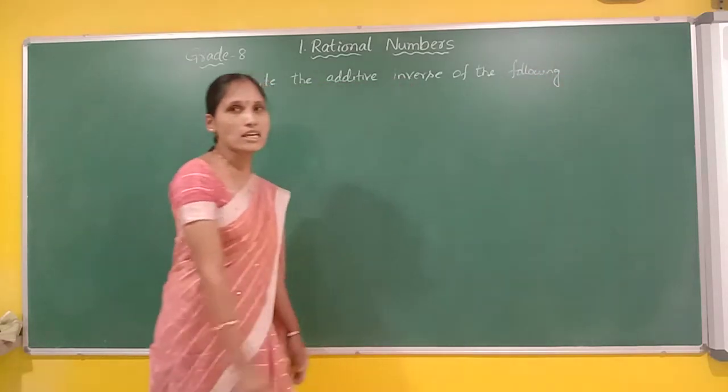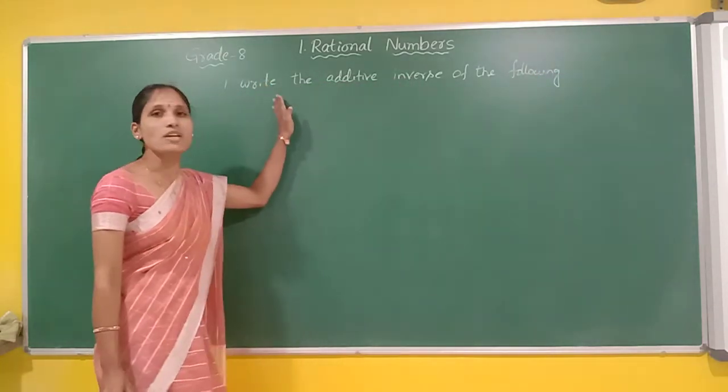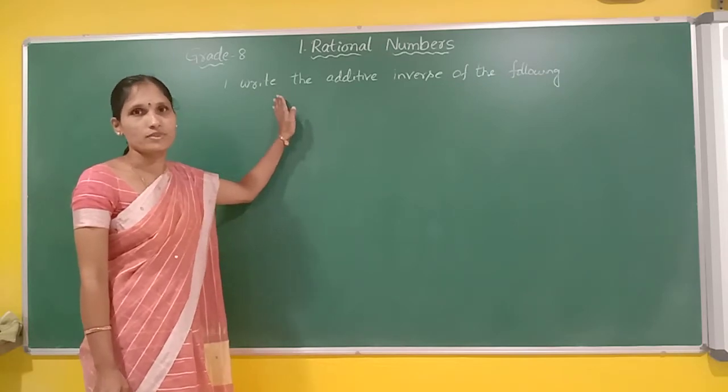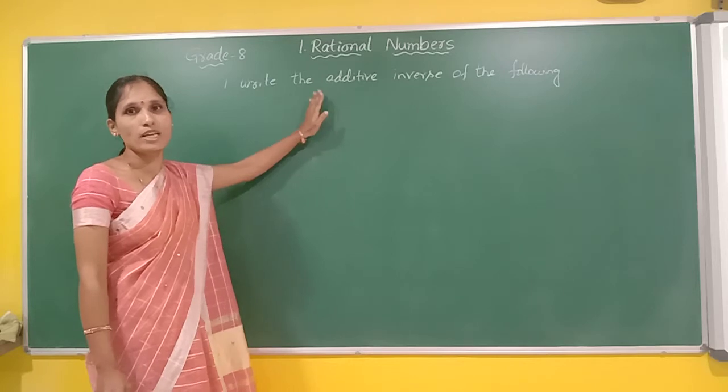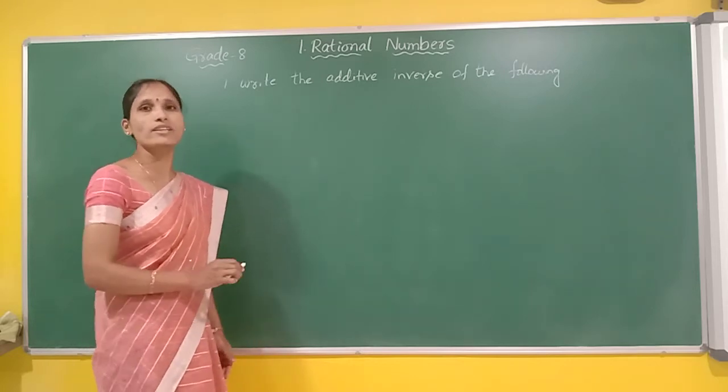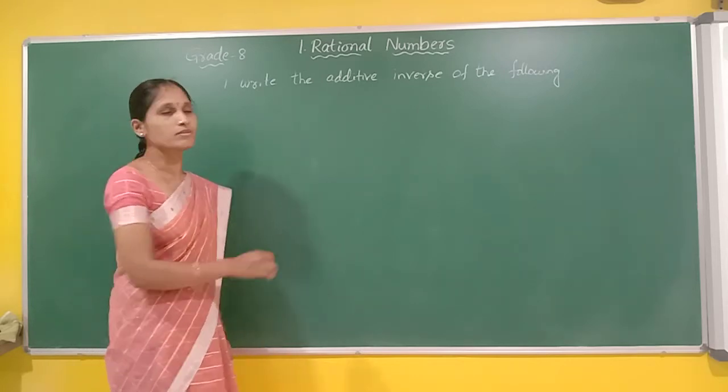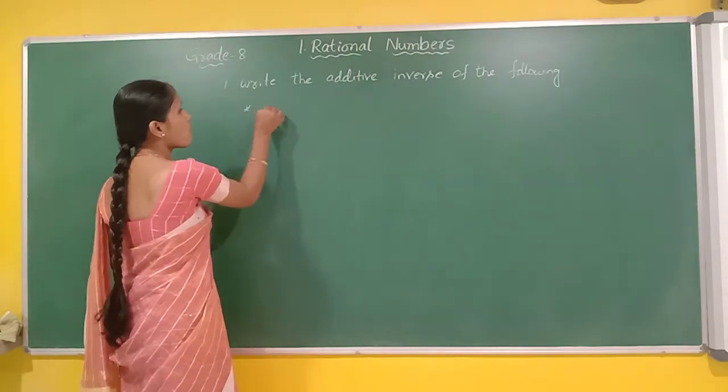The question is, write the additive inverse of the following. In this set of numbers, we have to write the additive inverse of given numbers. How to write the additive inverse of a given number? See this one.